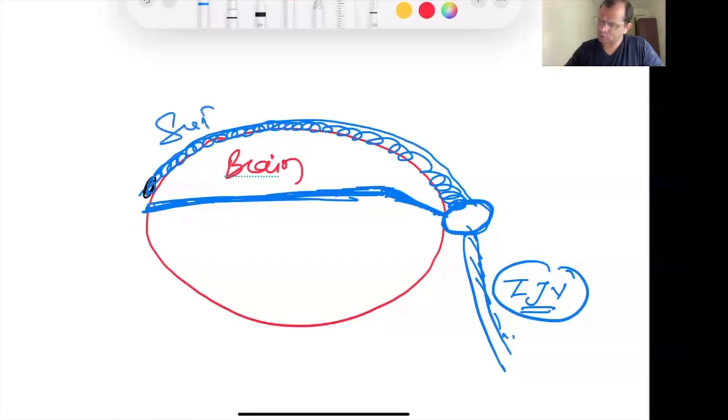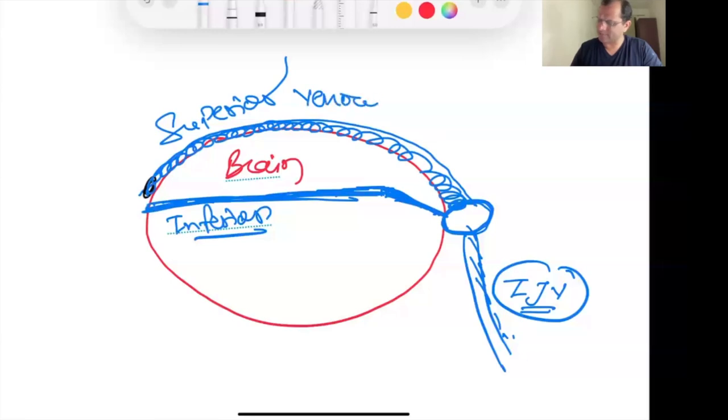One pipeline in the superior part or the upper part, one pipeline in the inferior part. So the superior pipeline is bringing blood from the upper part of the brain, and the inferior pipeline is bringing blood from the lower part of the brain. Because they are veins, we call them venous pipelines.